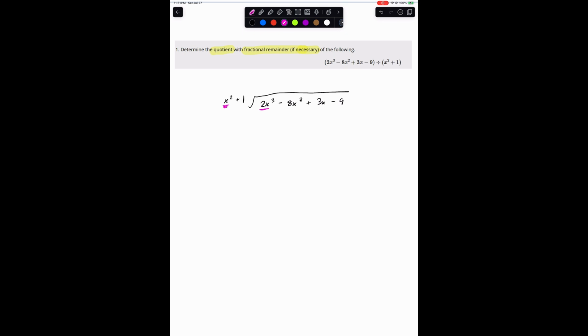So it goes right here. 2x, and then we multiply 2x by the divisor, and we get 2x cubed plus 2x, right? And all of that will be subtracted. So we get the negative x squared plus x, and then we draw down a negative 9.